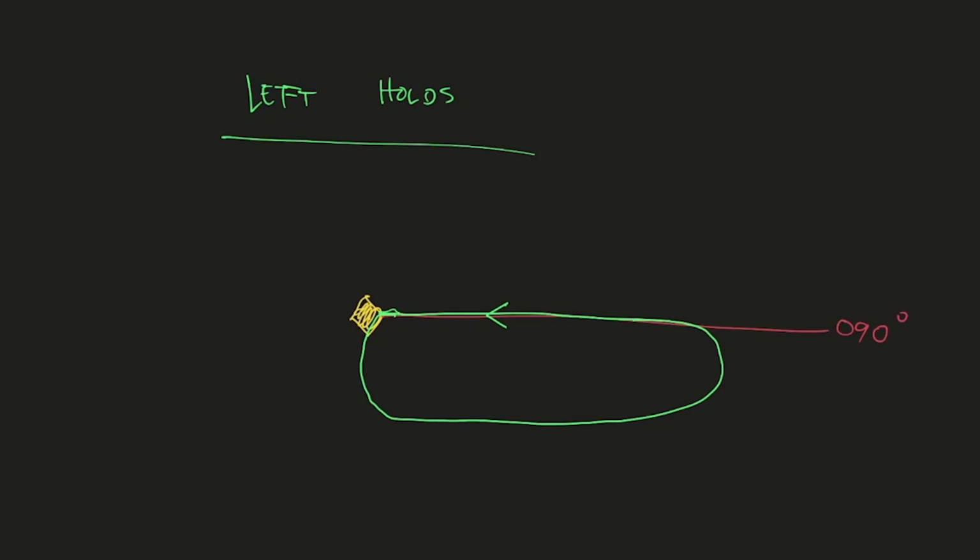So in this case, let's say we are over here. This one is going to be a teardrop entry. It makes the most sense to be a teardrop entry. Now it's a left-hand turn, so we're going to add 30 degrees.